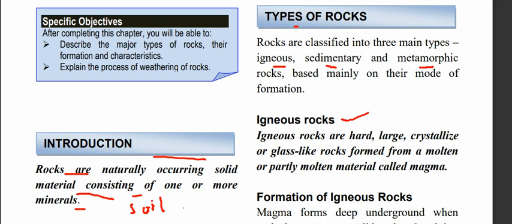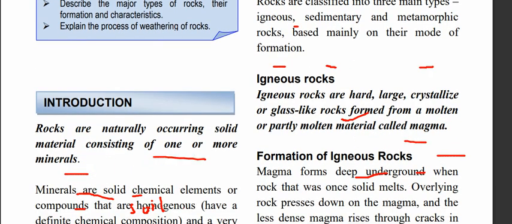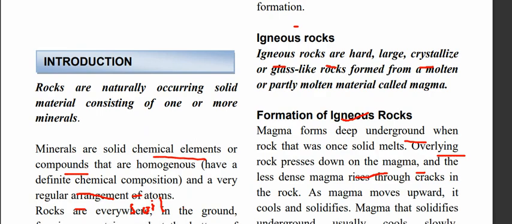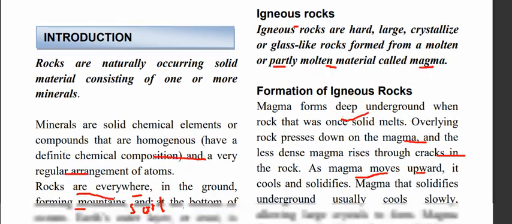What are igneous rocks? Igneous rocks are hard, large, crystallized or glass-like rocks formed from molten or partially molten material called magma. During volcanic eruption, magma formed deep underground when rock that was once solid melts.